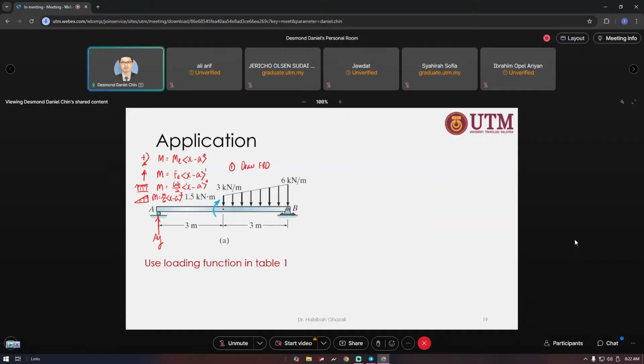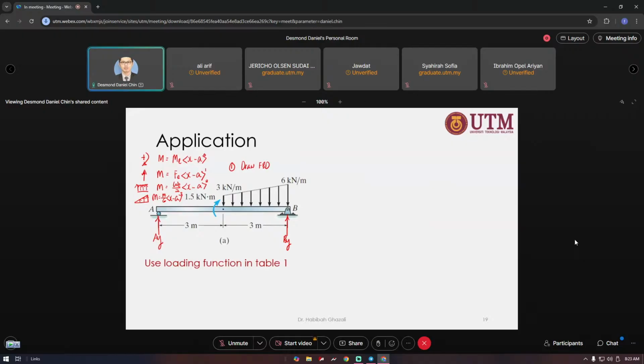Meanwhile, point B is a pin support, so obviously you must have BY and also BX supposedly. However, in this free body diagram, I don't think there's any value in BX, so you can leave it behind.